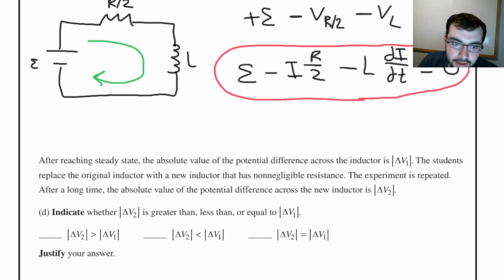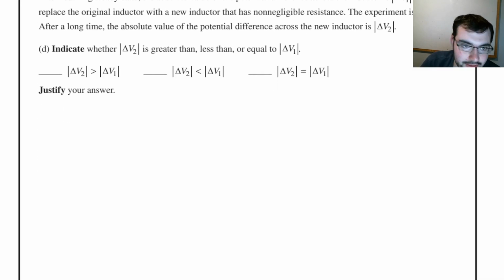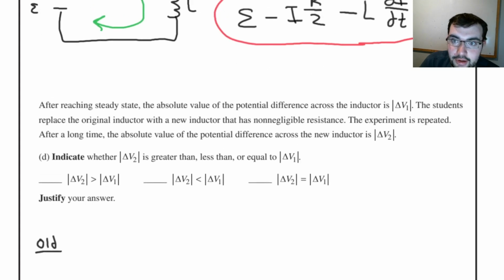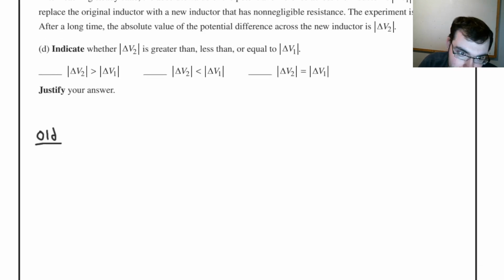And lastly, after reaching a steady state, the absolute value of the potential difference across the inductor is delta V1. They do it again, except they have an inductor with resistance in it. So in the old case, if you have an inductor with no resistance in it, after a long time you're not going to drop any volts across it.